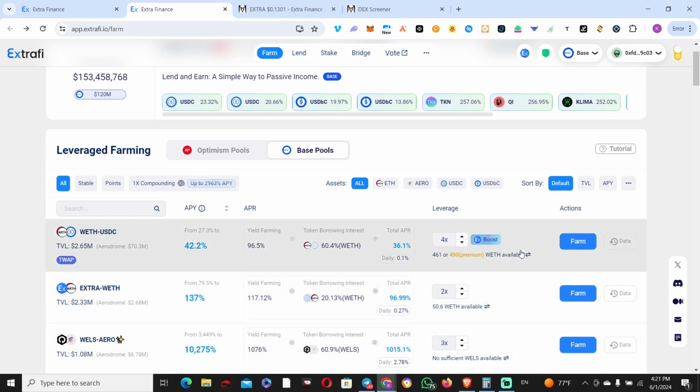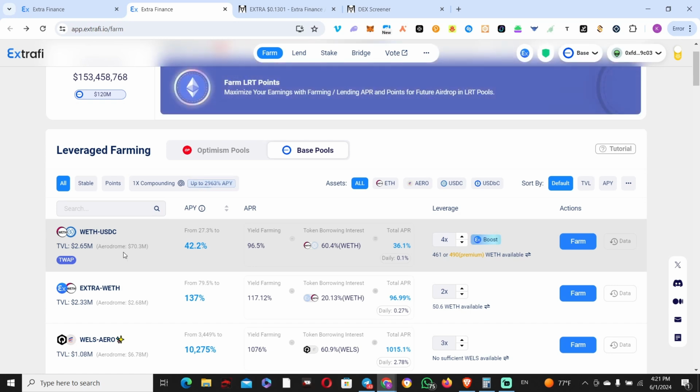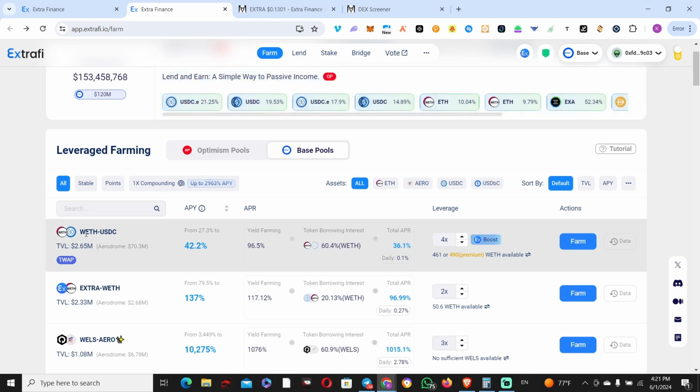The second thing you should be aware of is that the advantage of using ExtraFi is that you are inherently adding to your capital that is exposed on Velodrome or Aerodrome. If you go directly on these platforms, you can put in wrapped ETH and USDC, but you will only be able to stake them as is for the native APR, so the one at 1x leverage.